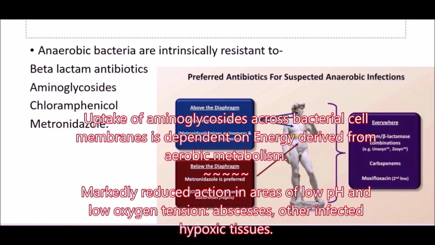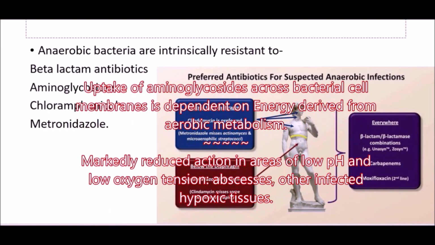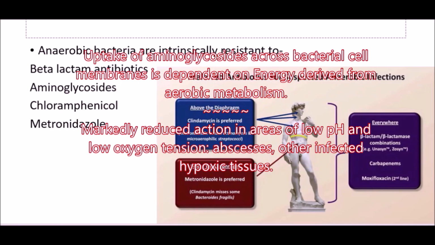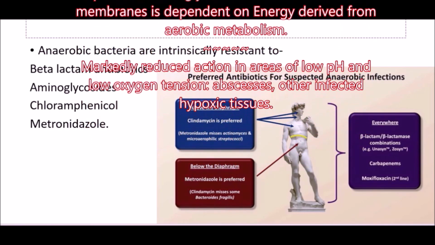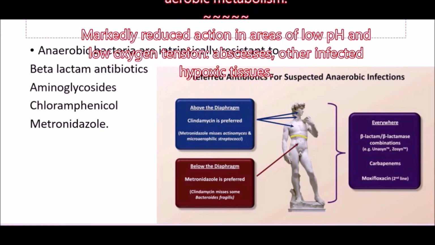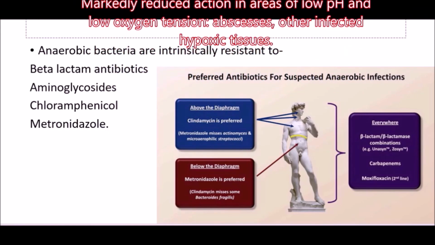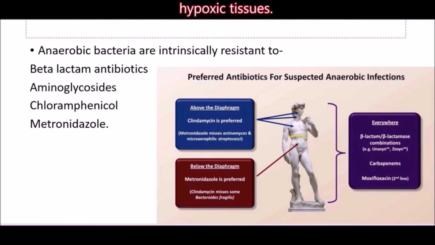This dependence on aerobic metabolism is the main cause of markedly reduced activity of these agents in areas of low pH and low oxygen tension. For example, abscesses and other infected hypoxic tissues.